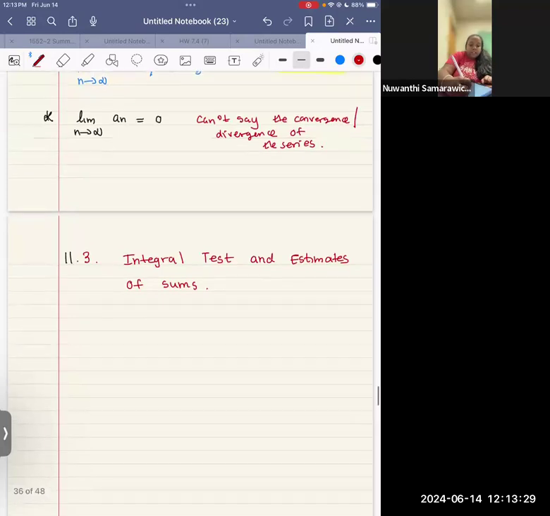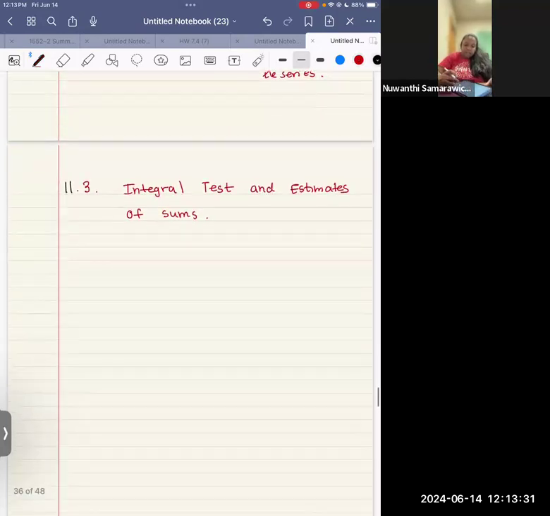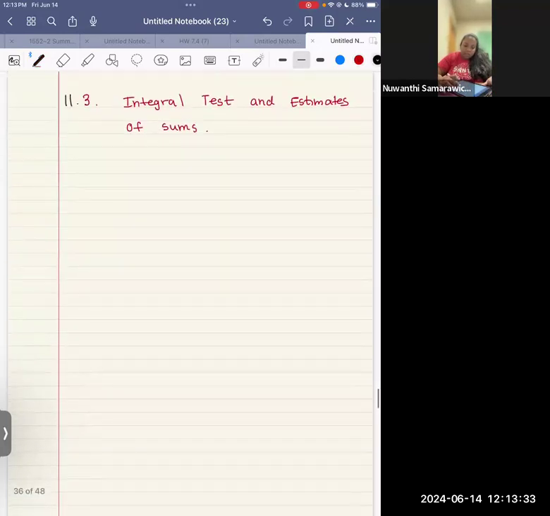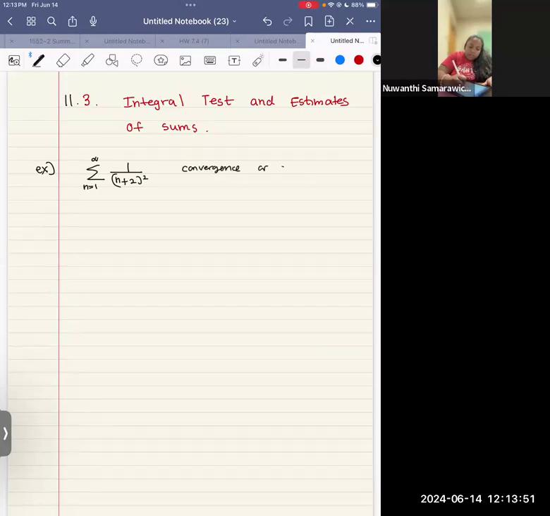Okay, so let's see an example. So this is what we are going to do. Example: a series. Now you need to know whether this series is convergent or divergent.